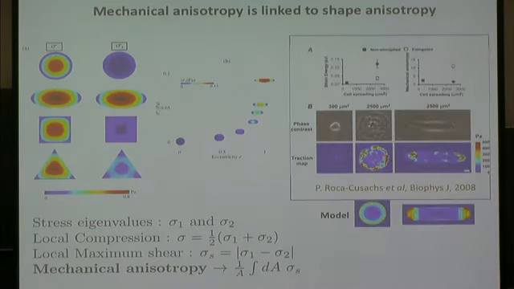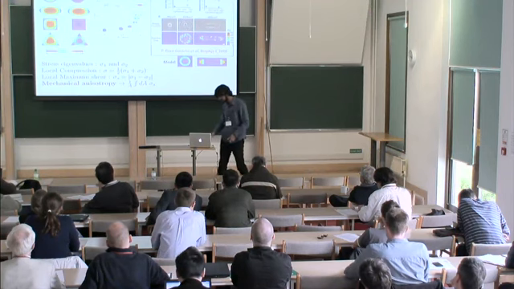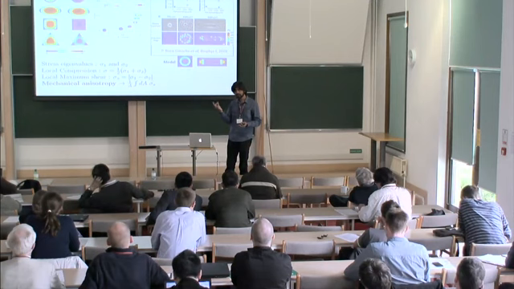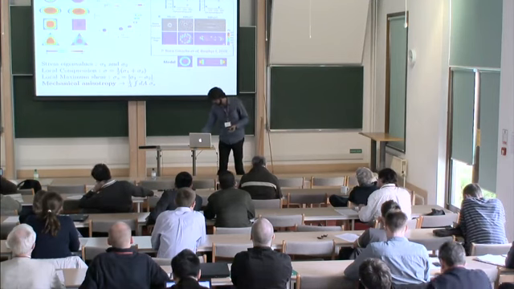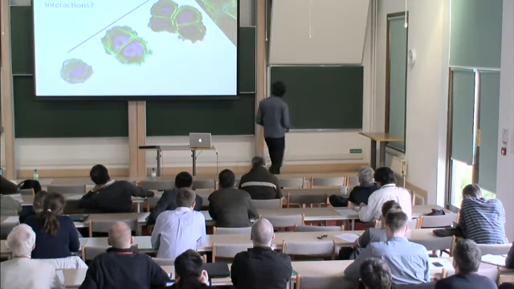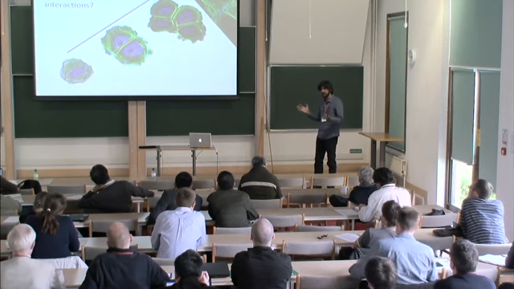This is also experimentally seen, where elongated cells of the same spread area, all these cells here have the same spread area, are more mechanically anisotropic. All this is very good because this simple model captures the experiments, with the only input parameter being the contractile pressure.